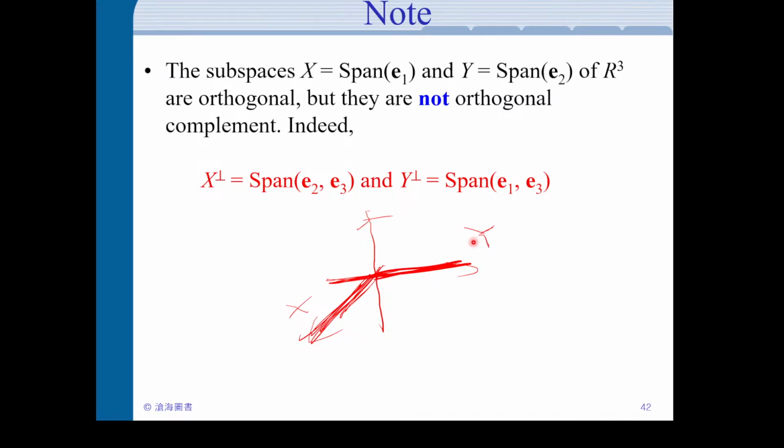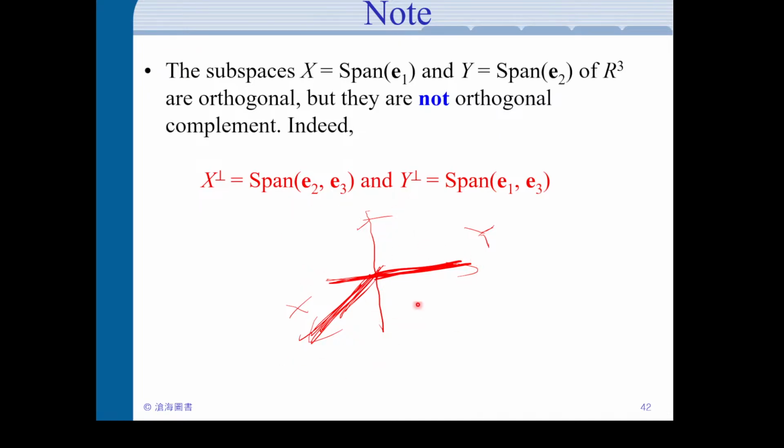But Y is not the orthogonal complement to X, because the orthogonal complement is actually the YZ plane. There are things that are also orthogonal to X but not in Y. Say, things on the Z axis are also orthogonal to X, and they're not inside Y, so Y is not the orthogonal complement.